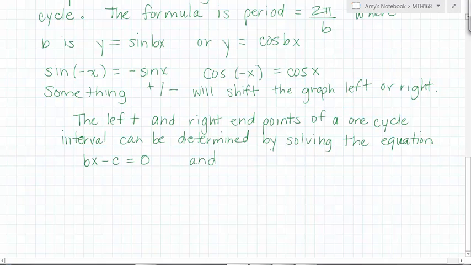So remember, our beginning and end points were 0 and 2 pi. So that's how we choose the 0, that we set bx minus c equal to 0, and we set bx minus c equal to 2 pi. That is going to help us to determine our beginning and ending points when we shift left and right.